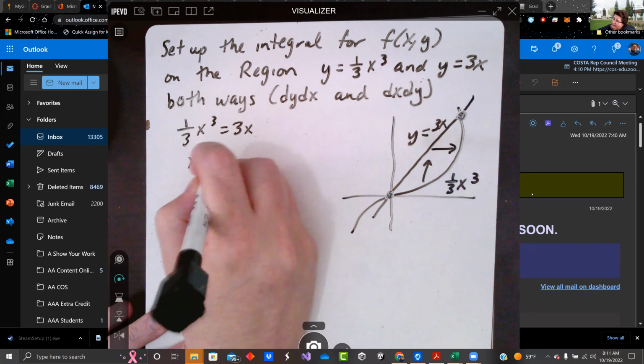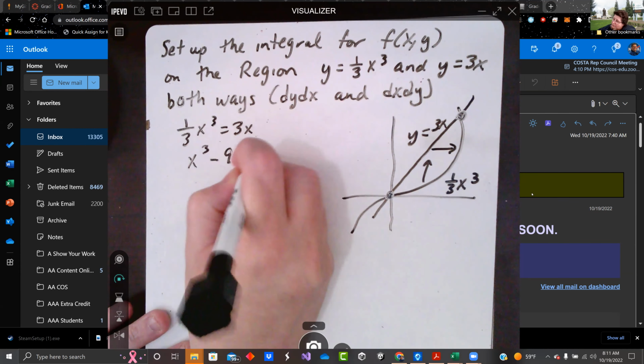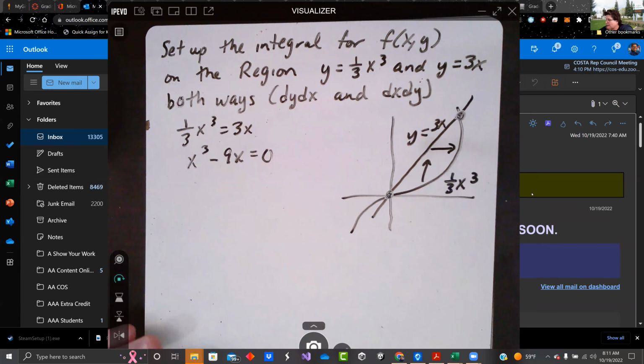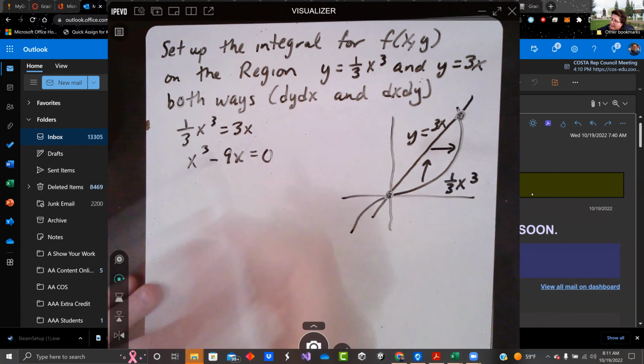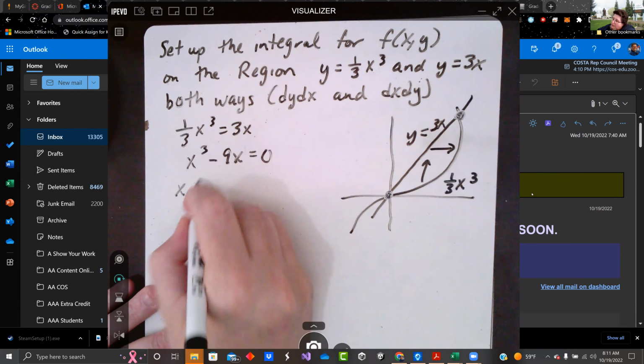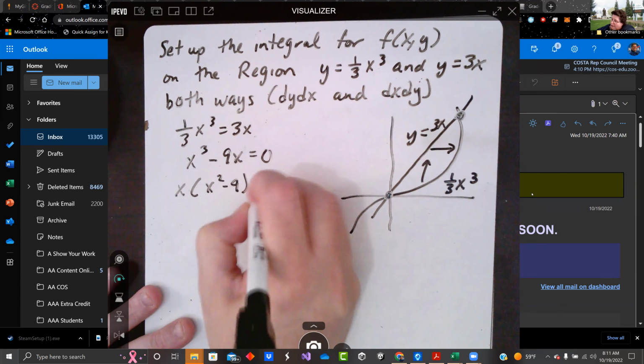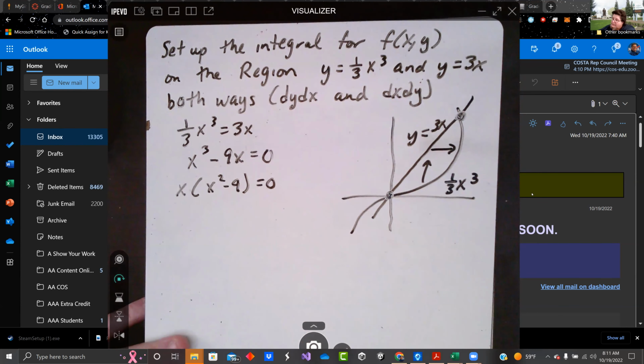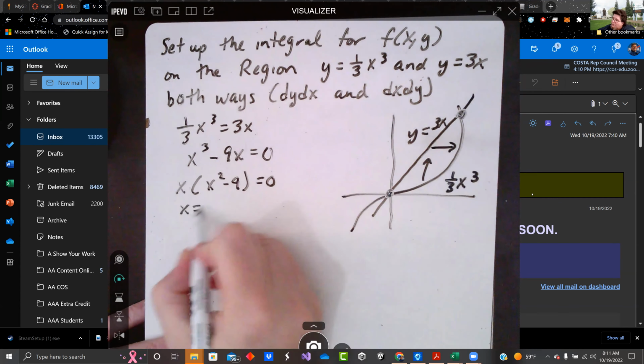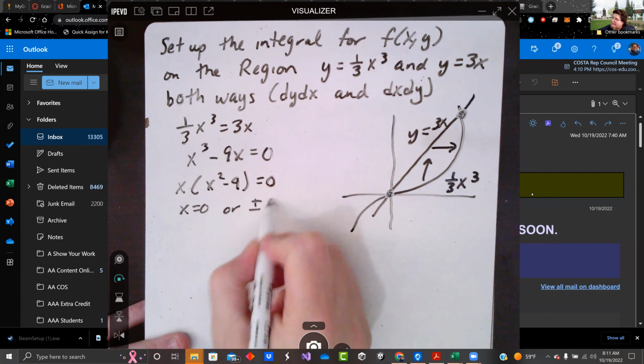I'm going to move the 3x over, make it x cubed minus 9x equals 0. The reason why I'm not dividing by x is because x can equal 0. And in fact, we can see that x equals 0 is one of the values, just graphically. So we get x equals 0 or plus or minus 3.